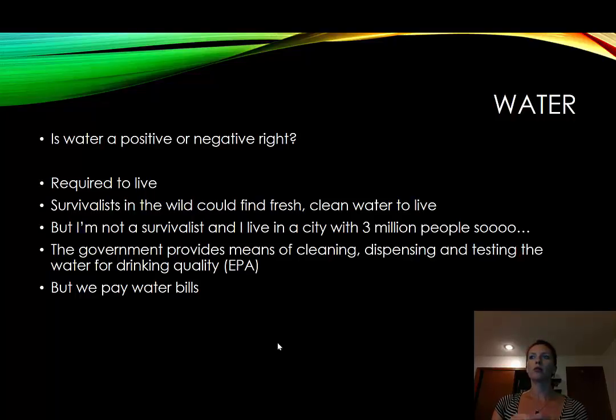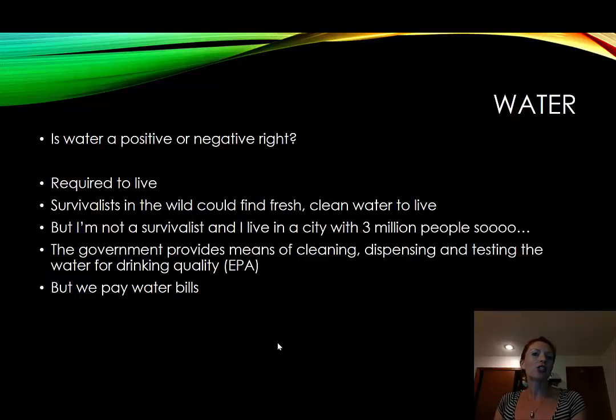We don't pay a large amount, which is probably why you don't have protests in the streets about water, but we do pay water bills because in the United States, the consensus that has been arrived at is that we will pay for this as a service.